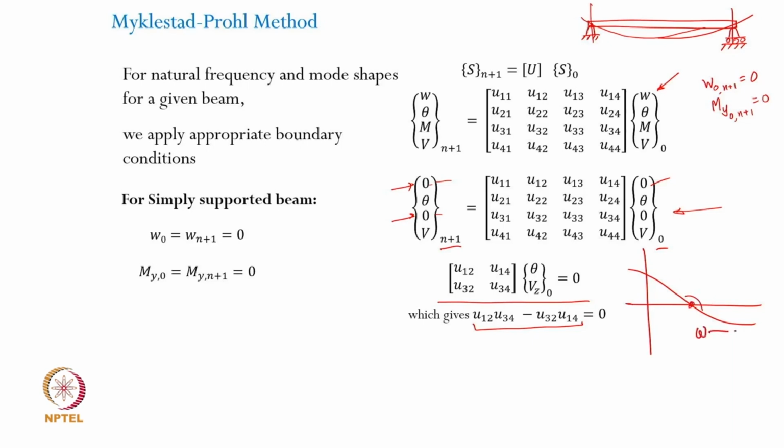So you are changing the value of omega, and the way we did it in the previous case of the Holzer method, instead of one single element, now it is going to be this expression that has to be checked. So you will plot this expression as a function of omega, and then find out at what omega the value of this expression is 0. That can be obtained by tracking the sign change across the step change in the omega value.